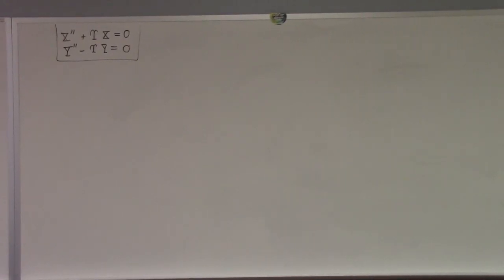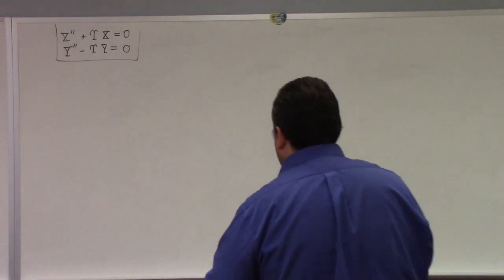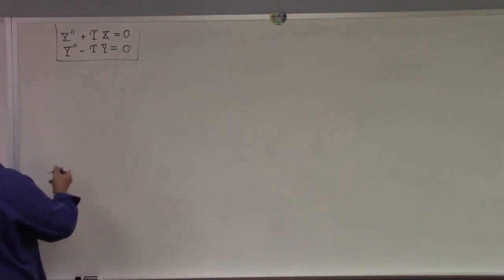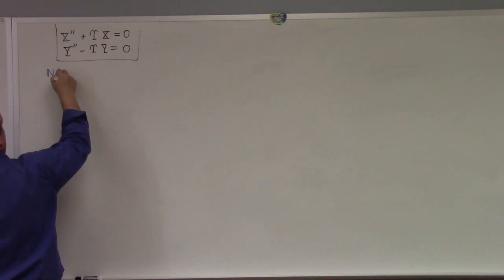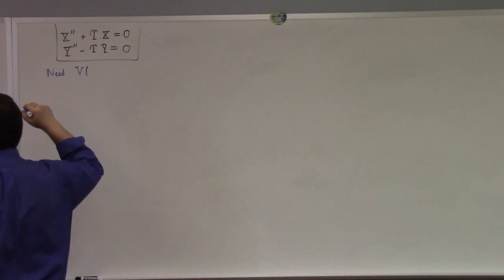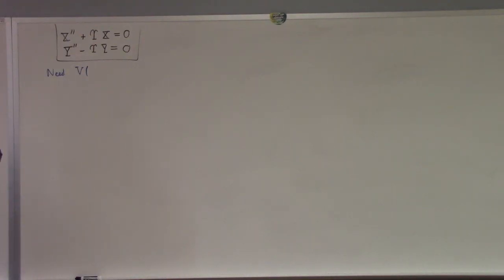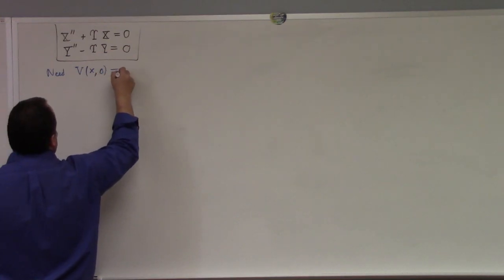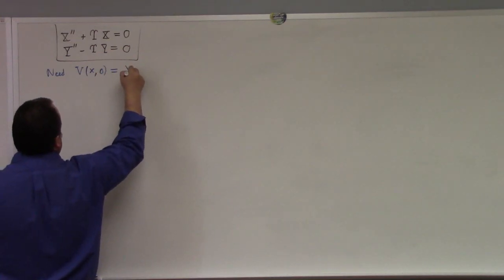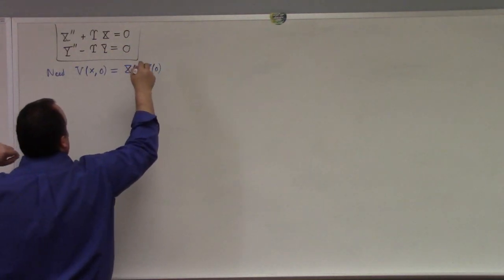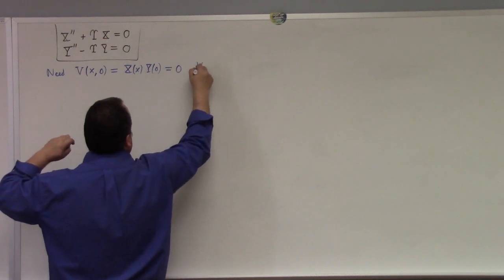Now, let me remind you what the situation is here. We need V of x comma 0, and that would be X of x, Y of 0, right? We need this to be 0 for all x.